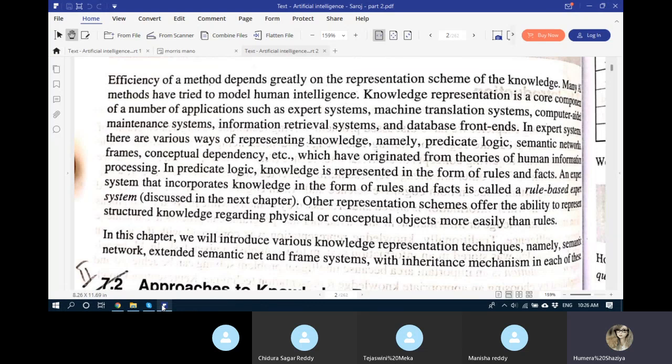Computer aided maintenance system. Suppose a system is under operation, under production, and something happens to a particular machine. Then a knowledge base in the computer can assist a human in coming up with a solution.